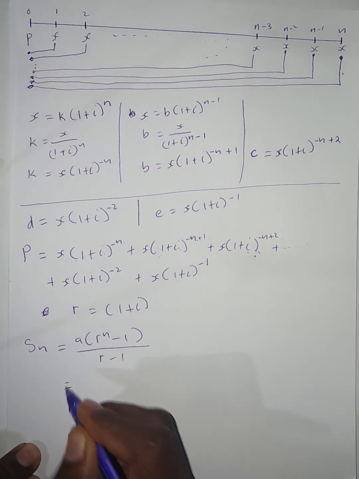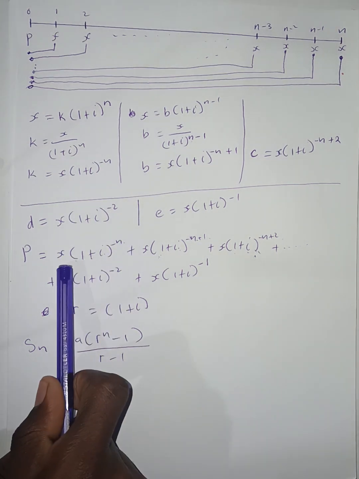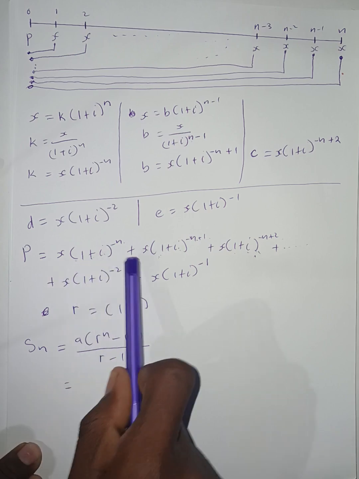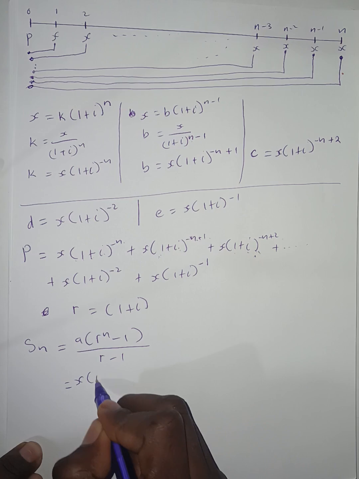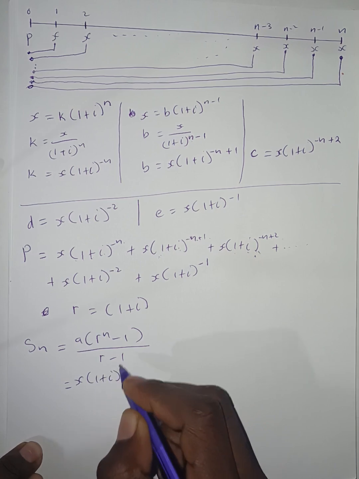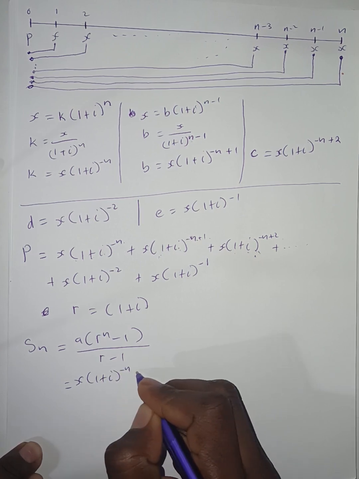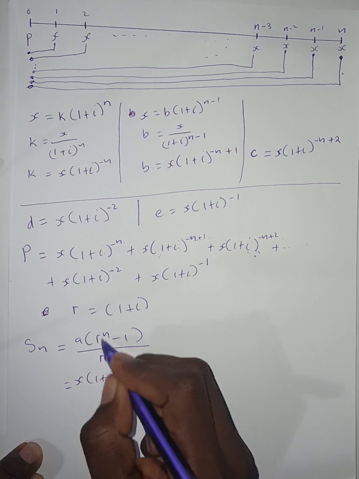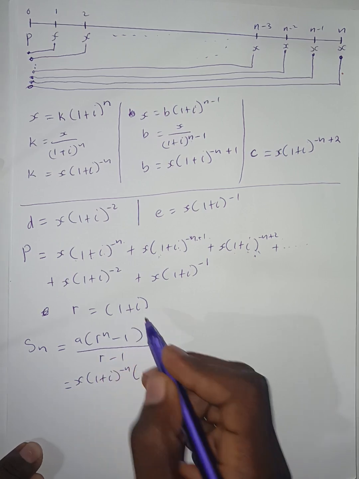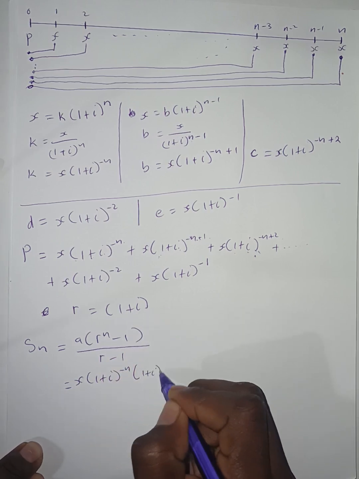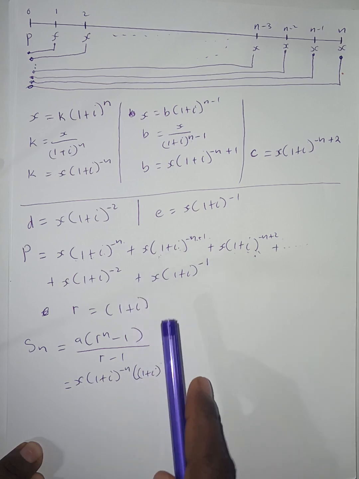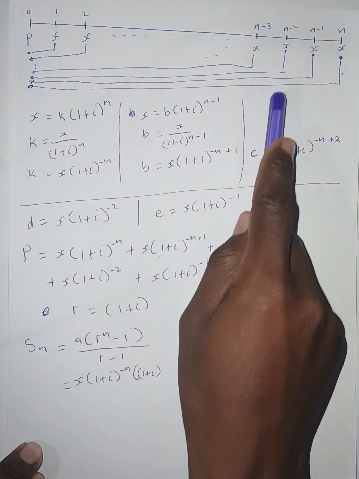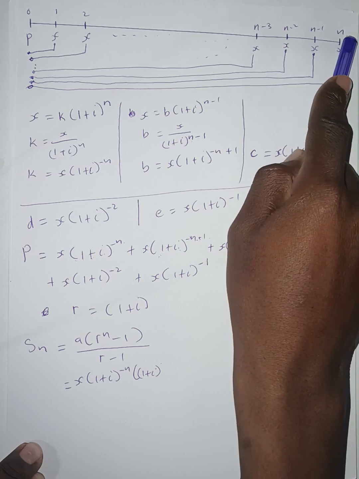The first term is x multiplied by (1 plus i) to the power negative n. Then in the bracket, r is 1 plus i, to the power n, because remember, we are summing n terms.